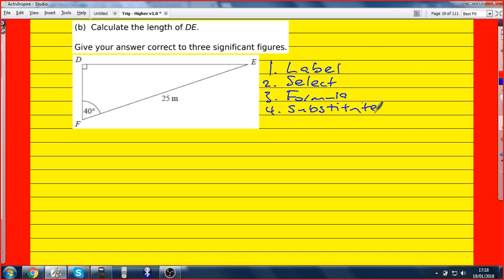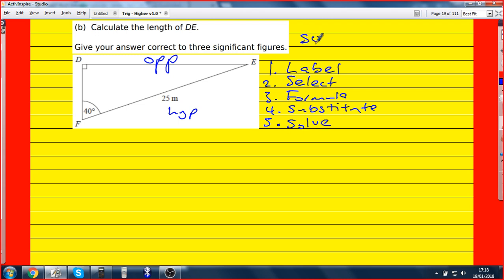Well done. The adjacent is D to F. And then the opposite is D to E. Because we don't know what D to F is, and we don't need to find it, I'm not even going to label that.